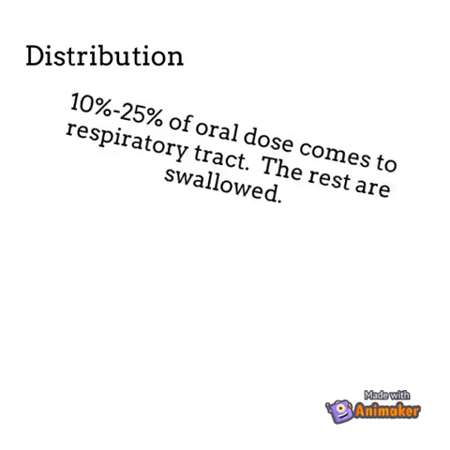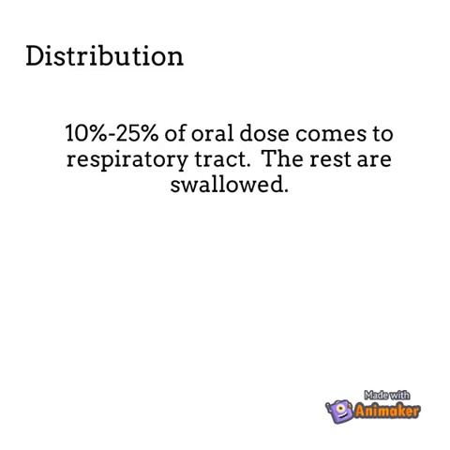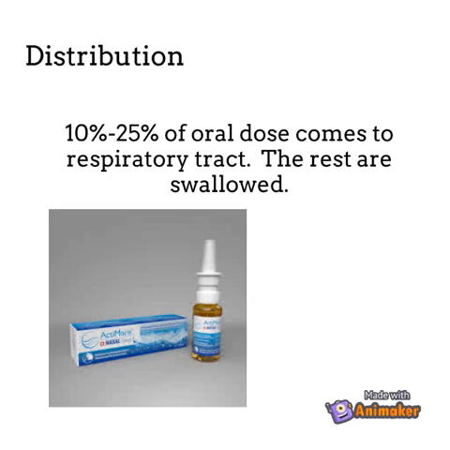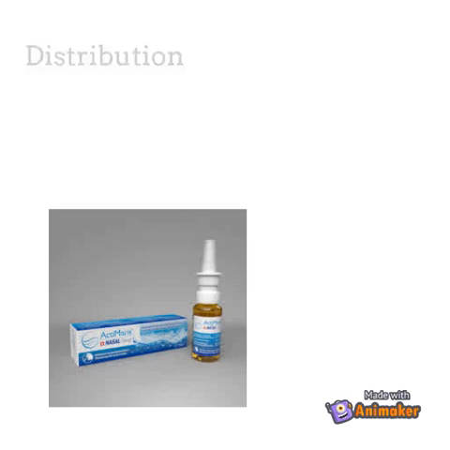Next is distribution. About 10% to 25% of the nasal spray or orally inhaled dose is deposited in the respiratory tract. The remainder is deposited in the mouth and oropharynx.